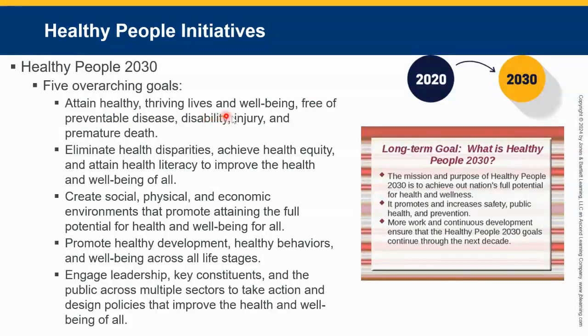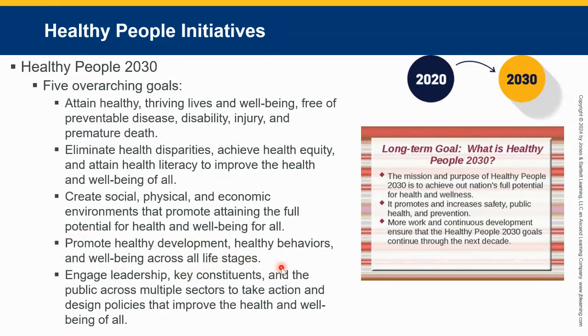To attain healthy, thriving lives and well-being, free of preventable diseases, disability, injury, and premature death. Eliminate health disparities, achieve health equity, attain health literacy to improve the health and well-being of all. Create social, physical, and economic environments to promote attaining the full potential for health and well-being for all.